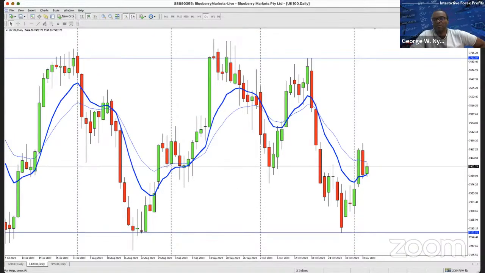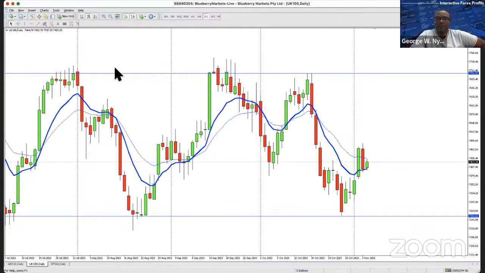On UK 100, now this is interesting. If this was taking place on the DAX or the S&P, I would confidently say it's a bull breakout, pull back, and we're just going to accelerate up. But it's only taken place after breaking out of a trading range. We are at the EMA, and of course, the bulls want to accelerate up and maybe try to get back to these levels. But you can't ignore this huge sell-off that took place there.